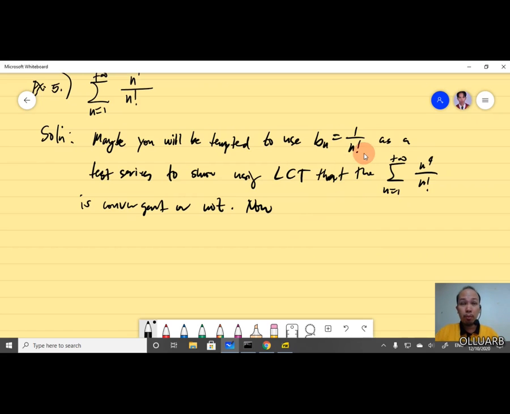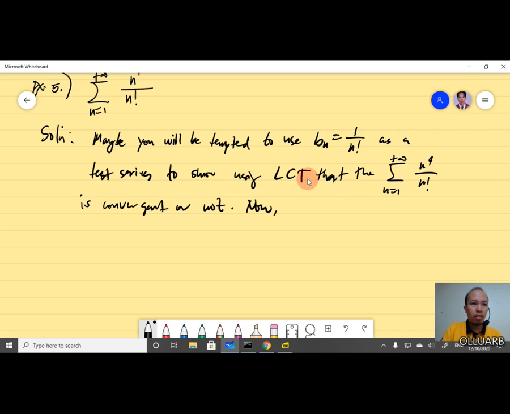We know that in our previous example, in the direct comparison test, this series, the summation of b sub n, where n starts from 1 to infinity, is convergent by the direct comparison test.